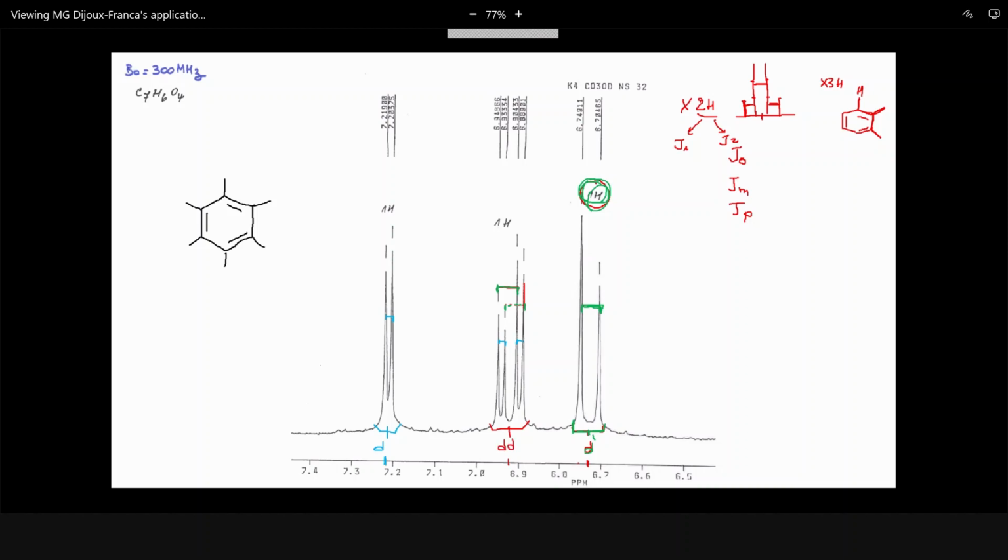So if I start to write on the structure, let's say I write the red one. This one should be a double doublet in the spectrum with a chemical shift of 6.92, 93. Where should I write the blue one and the green one on this structure?